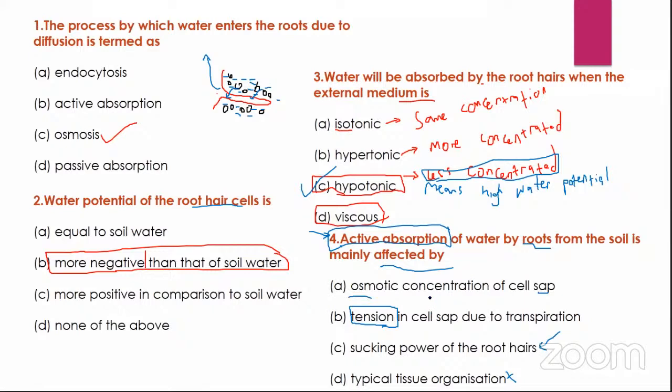Because osmotic concentration, especially for active absorption, comes about due to difference in concentration. For molecules to be absorbed by active transport, one side has less, but you want to move molecules to that side. That's when active absorption comes in.